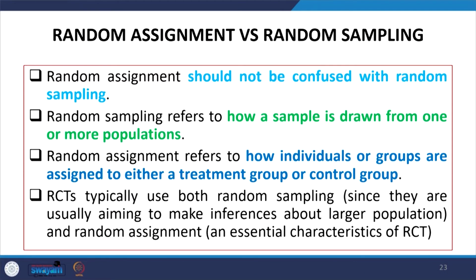RCTs typically use both random sampling, since they usually aim to make inferences about a larger population, and random assignment. Both are essential characteristics of an RCT, making the result more representative.